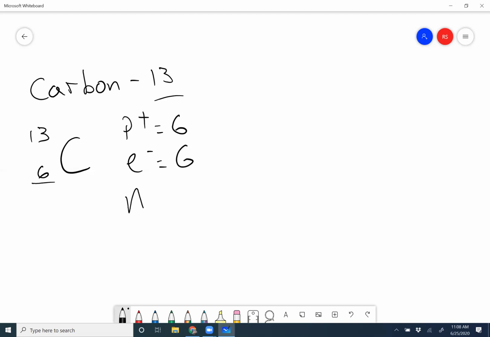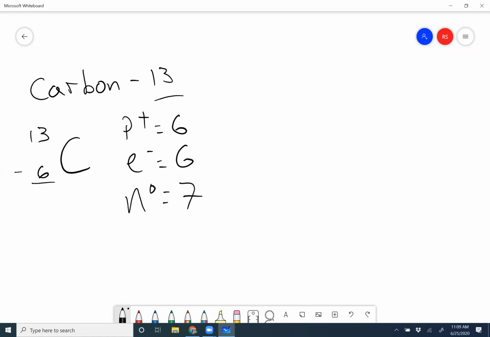And then the neutrons: the protons plus the neutrons equals 13. So 13 minus 6, you can just do that, and you have 7. And this is 6.